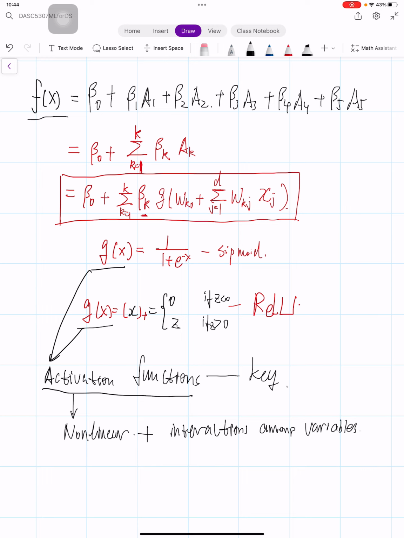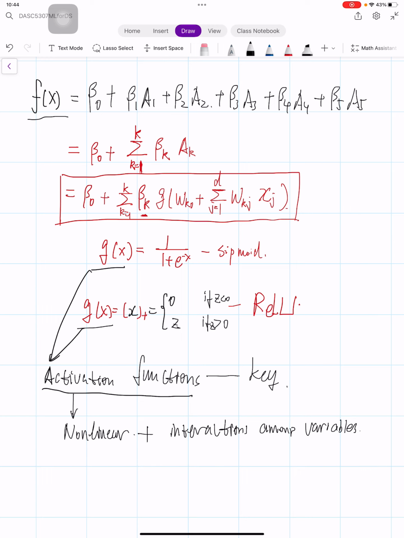Okay, so here is one more example from our textbook. Suppose our d equals 2. We have two features x1, x2 as input, and K equals 2. We have two hidden layers, hidden layer 1, hidden layer 2.